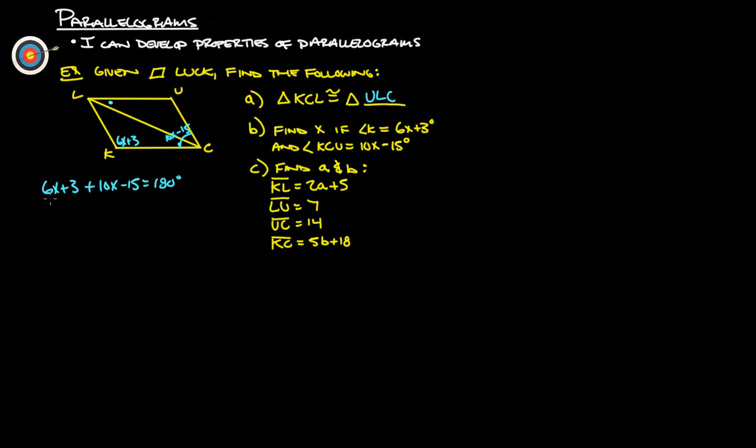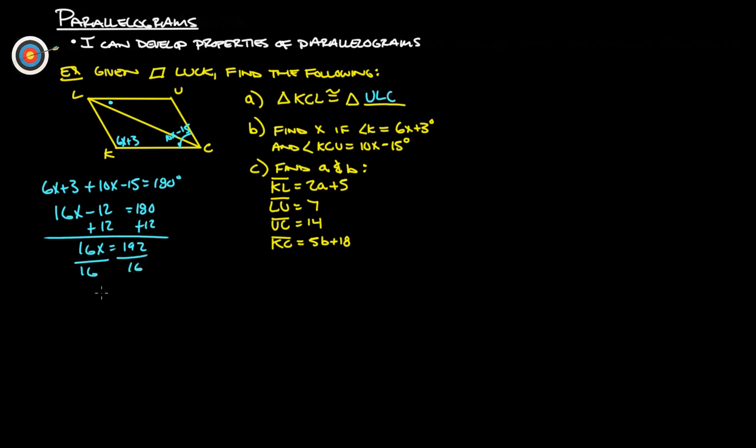Okay, so let's simplify this. 6x and 10x is 16x, 3 and negative 15 is negative 12, equals 180. Oops, not negative 12x, but just negative 12, right? Okay, so let's add 12 to both sides. So we get 16x equals 192.